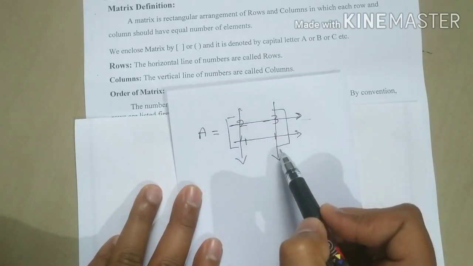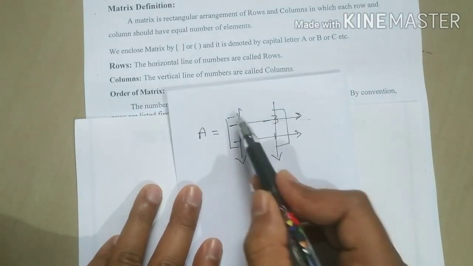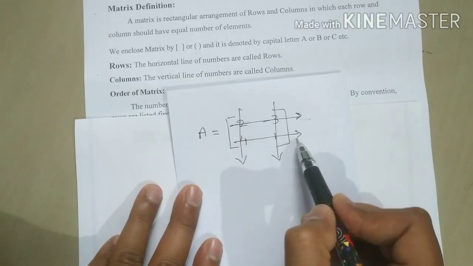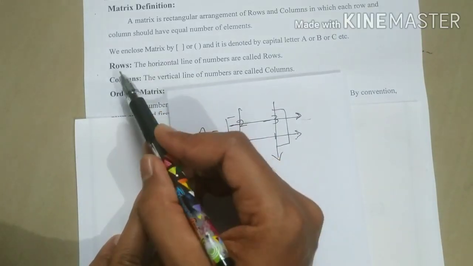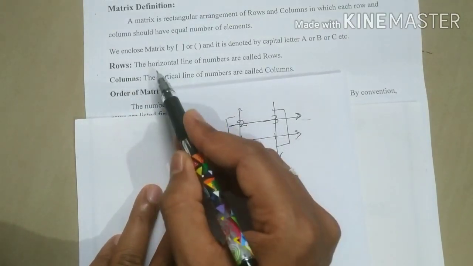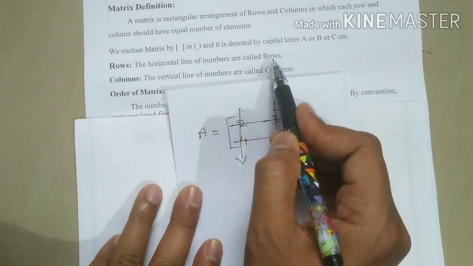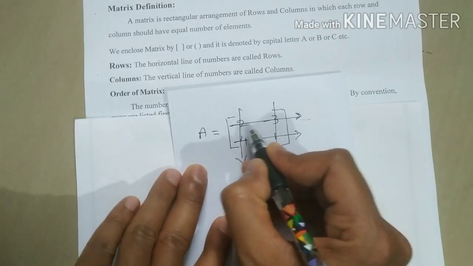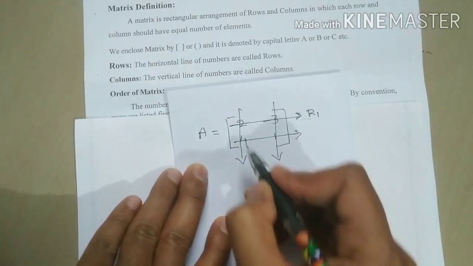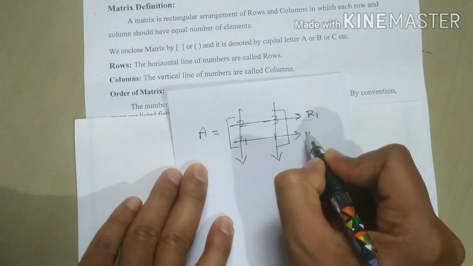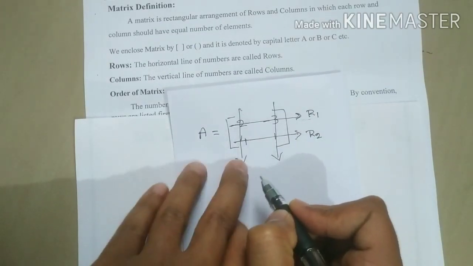Therefore, a row means the horizontal line of numbers. So this is the first row, I'm going to call it R1. This is the second row, I'm going to call it R2.